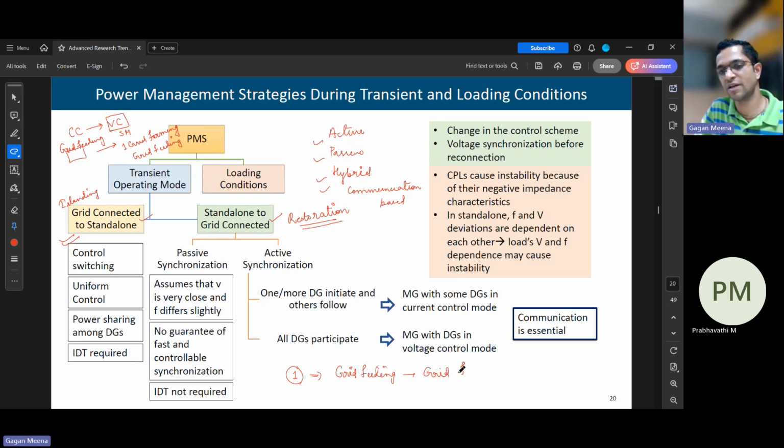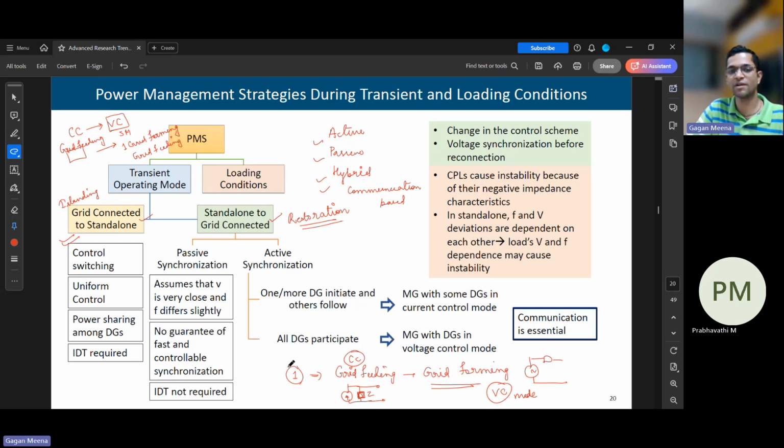And we have seen how we can model these grid feeding and grid forming. It's a voltage source in series with a small impedance, and this is a current source in parallel with a large impedance Z. So earlier it was operating in current control mode, now it will be operating in the voltage control mode.